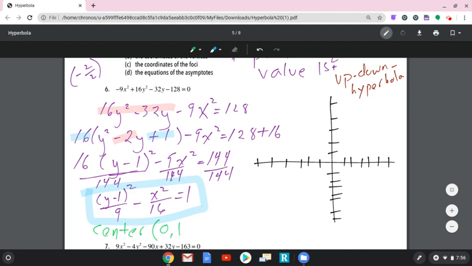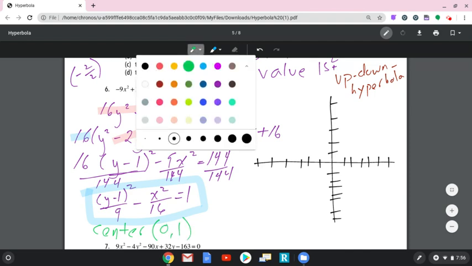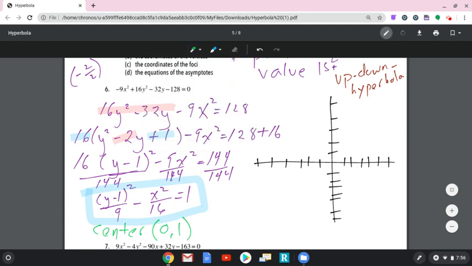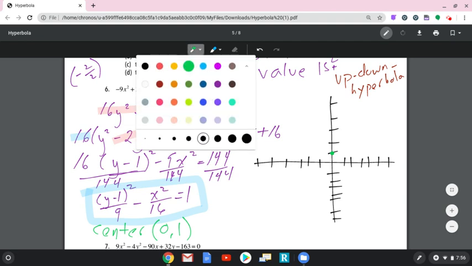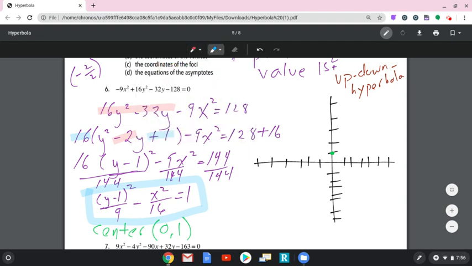What's subtracted from y? 1. So 0, 1 is my center. Okay. Let's think of what A is. A is going to be under the first term, B is under the second. So I know A squared is 9.